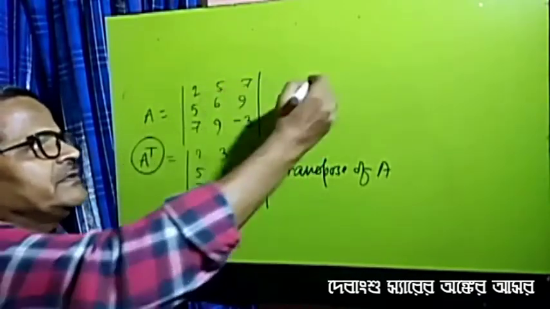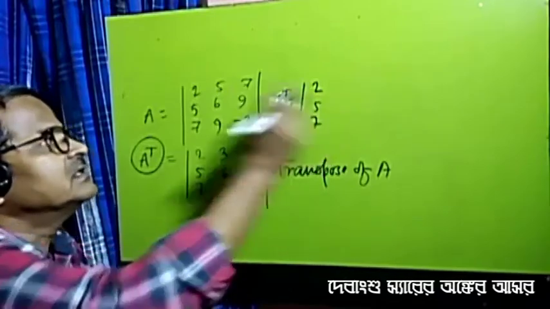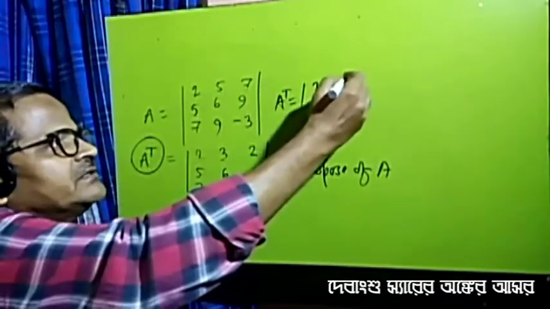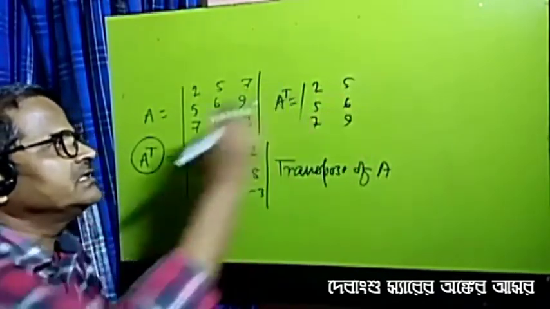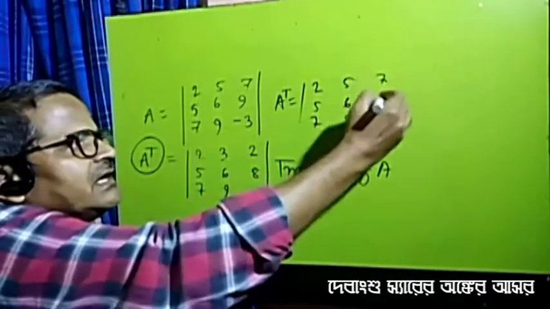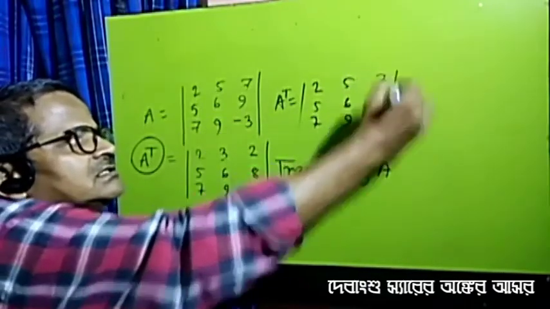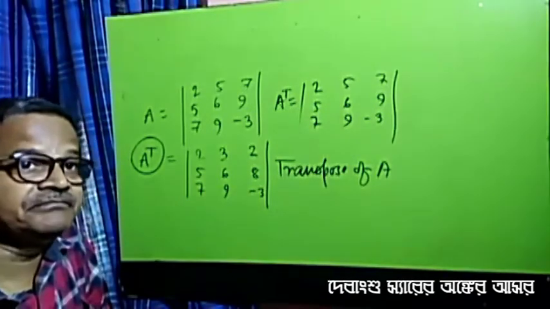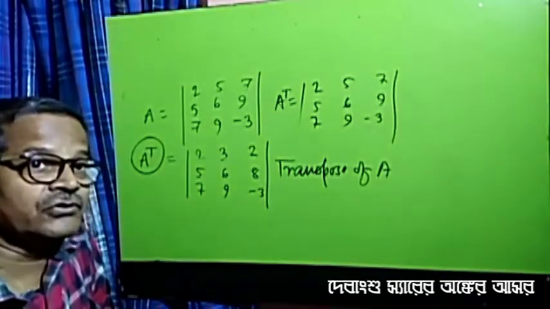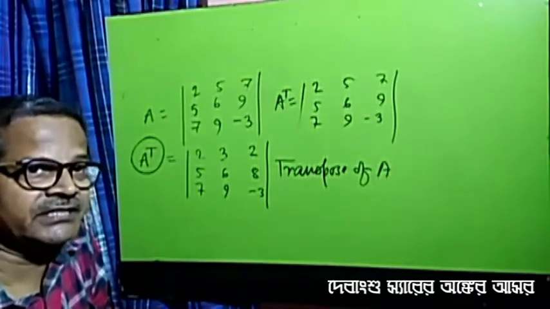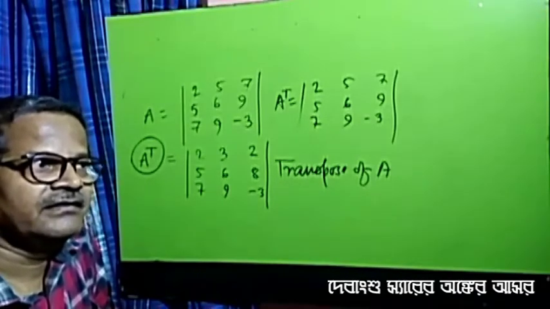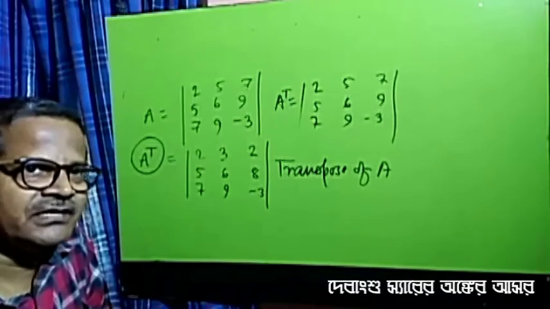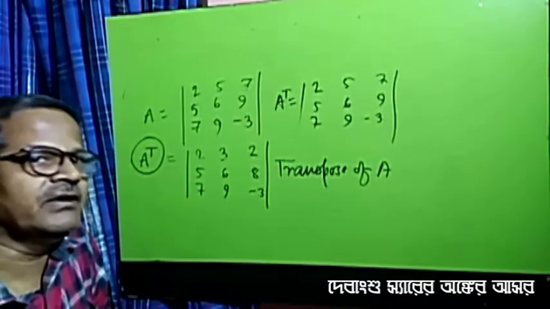First row 2 5 7 becomes first column. Second row 5 6 9 becomes 5 6 9. Third, 7 9 minus 3. See, they are same. So in case of a symmetric determinant, A transpose and A are equal.